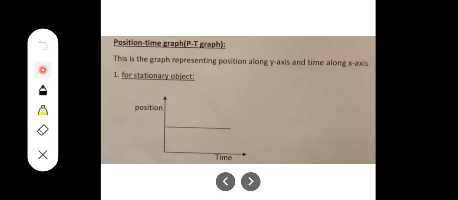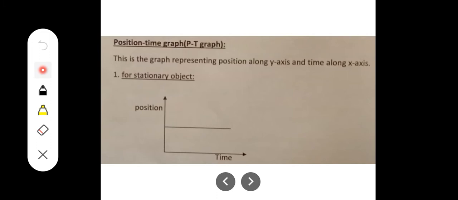So the first type of graph you can see here is for a stationary object. If the object is stationary, that means if it is at rest, its position will not change, right? Even if you see after some time, position will not change.